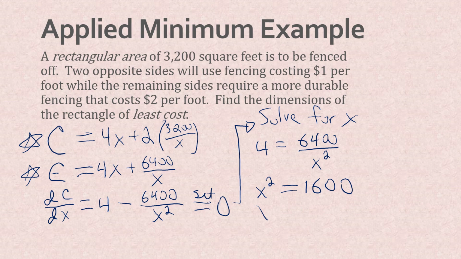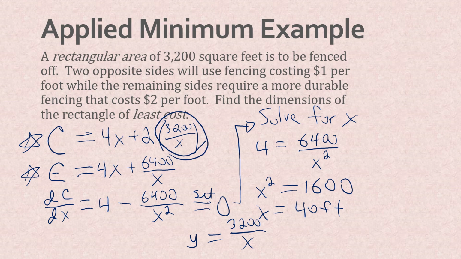And so x is just 40 feet. And we can then easily use the fact that y is equal to, if you remember our substitution, 3,200 over x. There's y right there. And that gives us 3,200 over 40, or 80 feet.